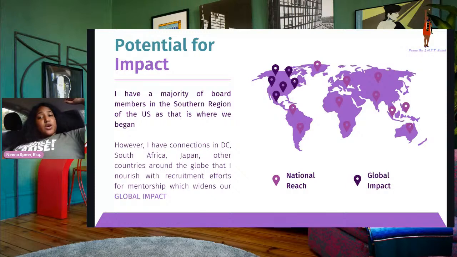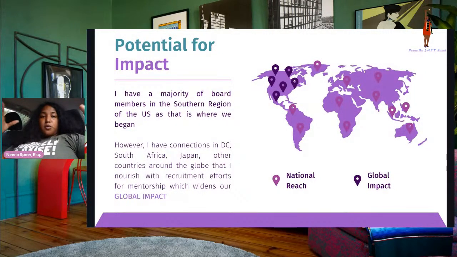I'm telling you, there are people around the world that want to help you. There are people in Iceland, okay? There are people in Europe. There are even people in Russia and India and China and Japan and Australia, Africa, South Africa, North America, South America, all of the Americas, and Canada and beyond. There are people that want to help you, okay? And you have to stop thinking that your board member recruitment needs to be in your city.